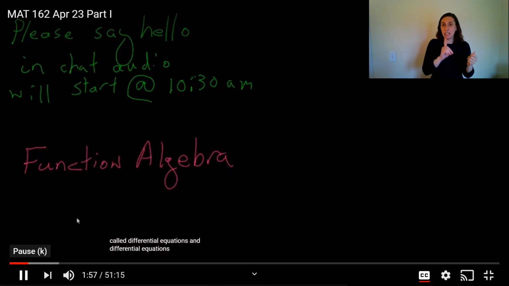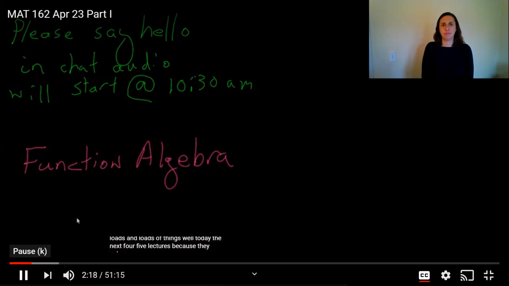And differential equations are easy to use to model anything. And so the functions we're going to learn today, you find in the solutions for loads and loads and loads of things. Well, today, the next 4-5 lectures. Because they solve differential equations, there's a pattern to them.